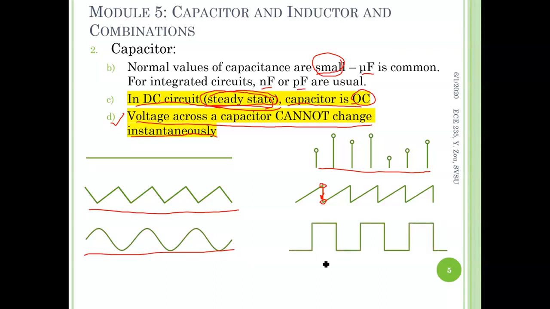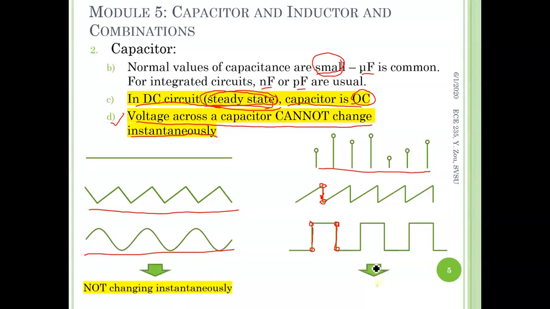However, how about a square wave? The value here jumps up to this value at the same time moment. The same thing for the falling edge: from this value down to this value at the same time moment as well. So this is changing instantaneously as well.